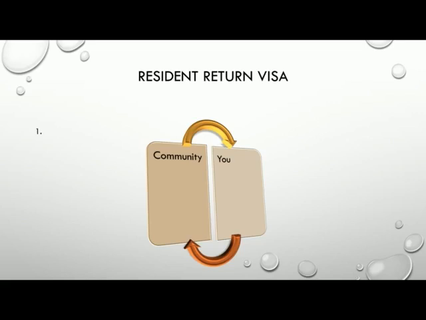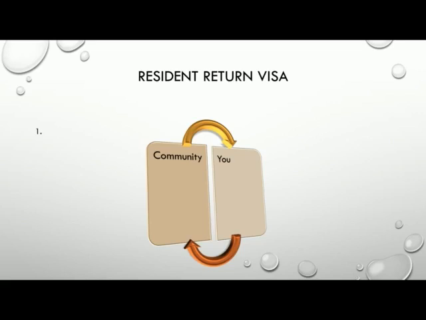And the only requirement for the renewal of the returning resident visa is really a relationship between the community and yourself. What do we mean by community? It's your Australian community. If you're in Australia at least 2 out of 5 years, no problem.